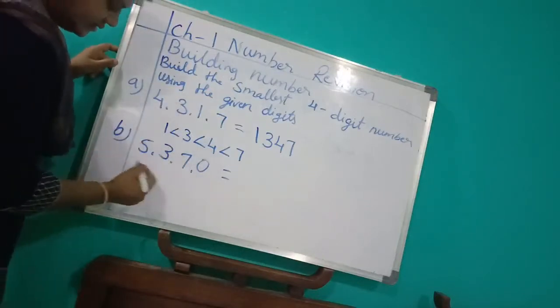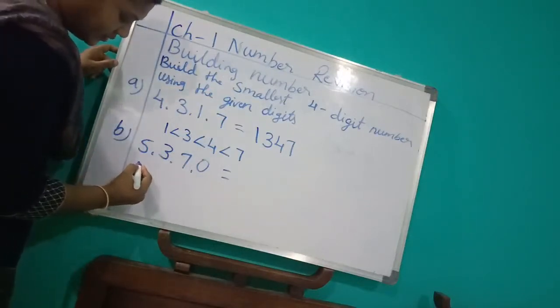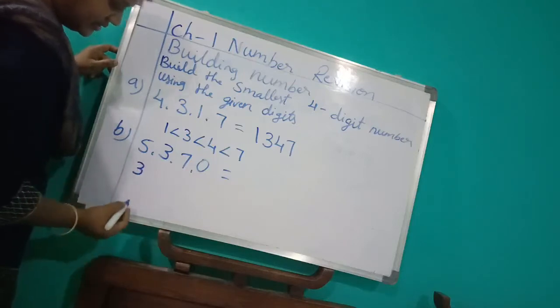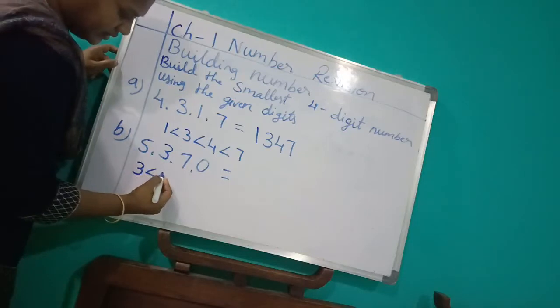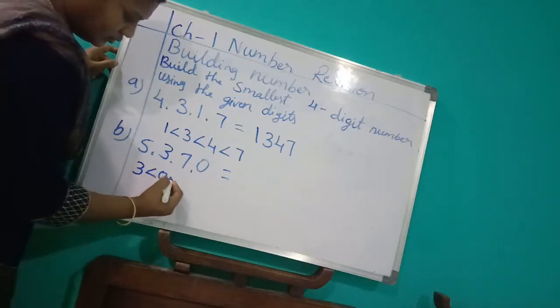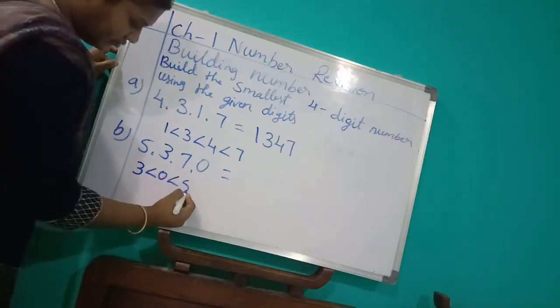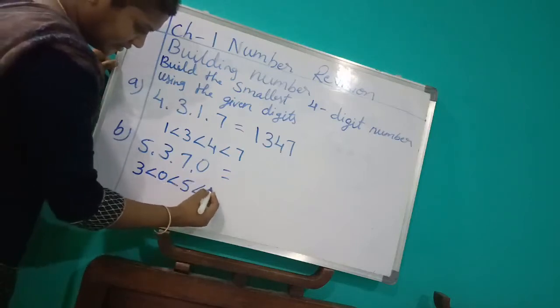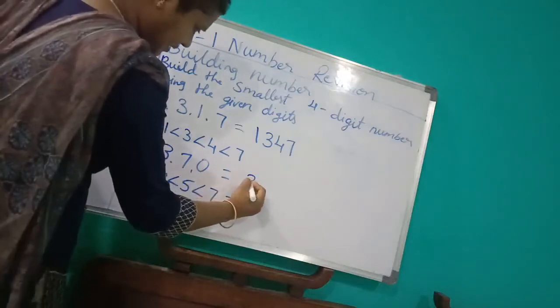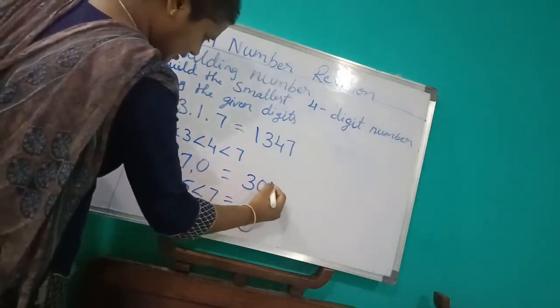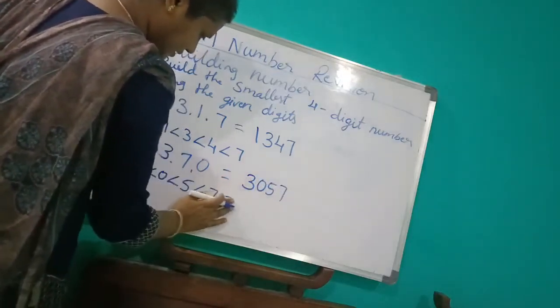Okay, in this number which one is smallest? 3 is smallest. After that 0. After that 5. After that 7. Understood? See what number will come? 3057.